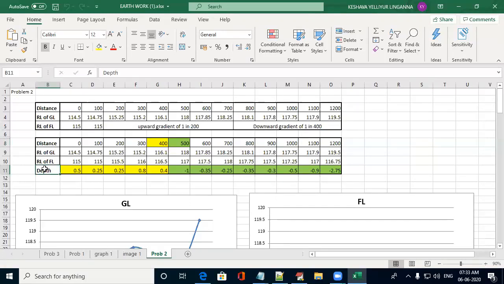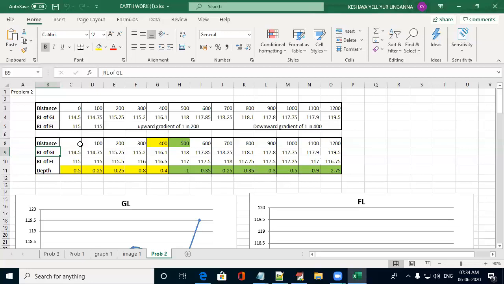Next is depth. As usual, depth is always RL of formation level minus RL of ground level, always. That is 115 minus 114.5. We will get this for this row. You can observe up to this point we got positive values. You can work out this, and later we got all negative values. That's why I have changed the color.